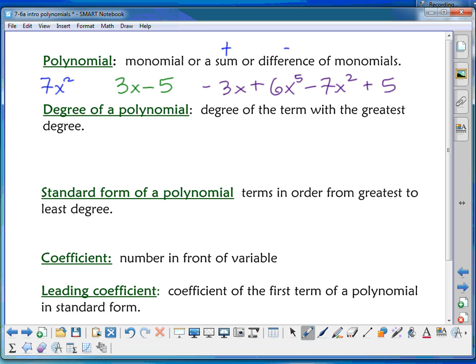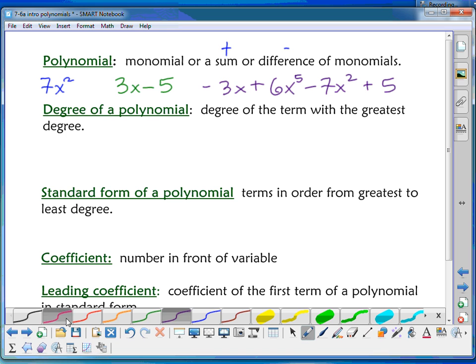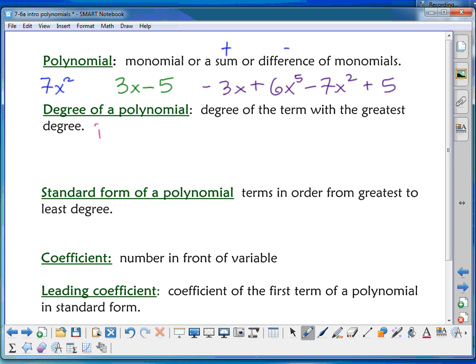And the degree of a polynomial is the degree of the term with the greatest degree. So now you're just looking for the monomial with the greatest degree. You do not add all of the exponents. Okay, so it's different than when we're finding it for a monomial.